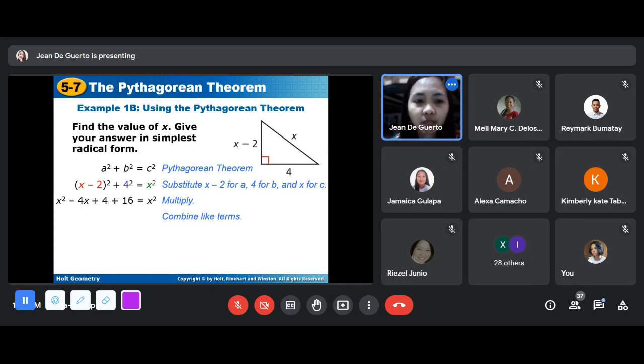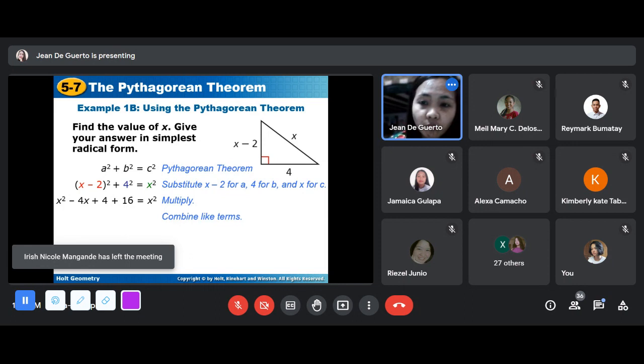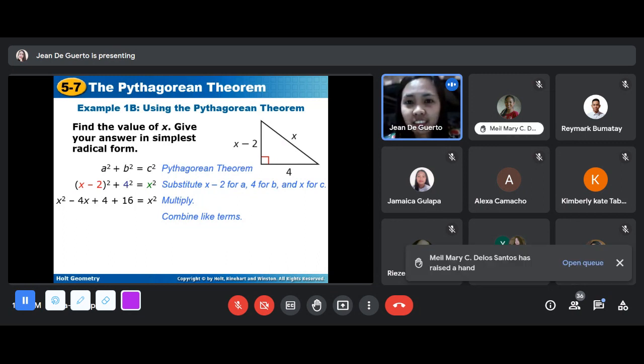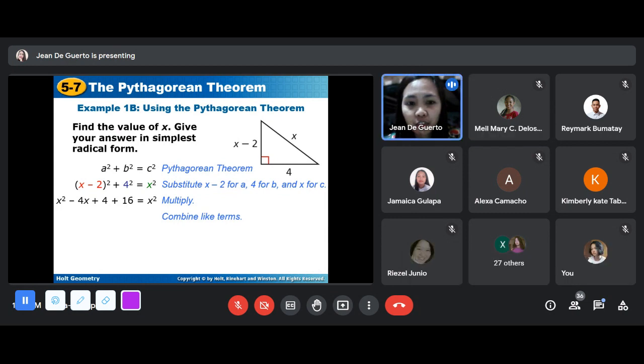Combine like terms. Yes. Negative 4x plus 20 equals 0. Yes, we have negative 4x plus 20 is equal to 0.